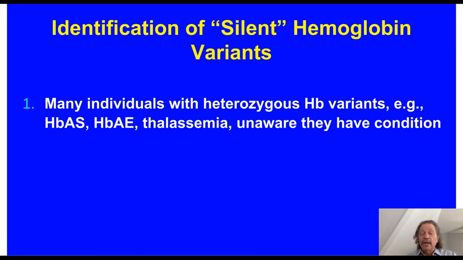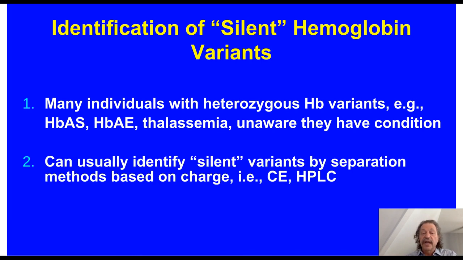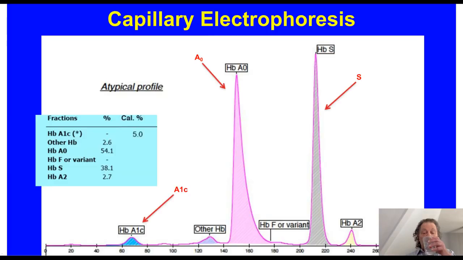But it's important to be aware that many individuals with these heterozygous variants, such as hemoglobin AS, which is sickle cell trait, AE, thalassemia, etc., have no idea that they have the condition. And you can usually identify these so-called silent variants if you use a separation method based on charge, that is capillary electrophoresis or HPLC.